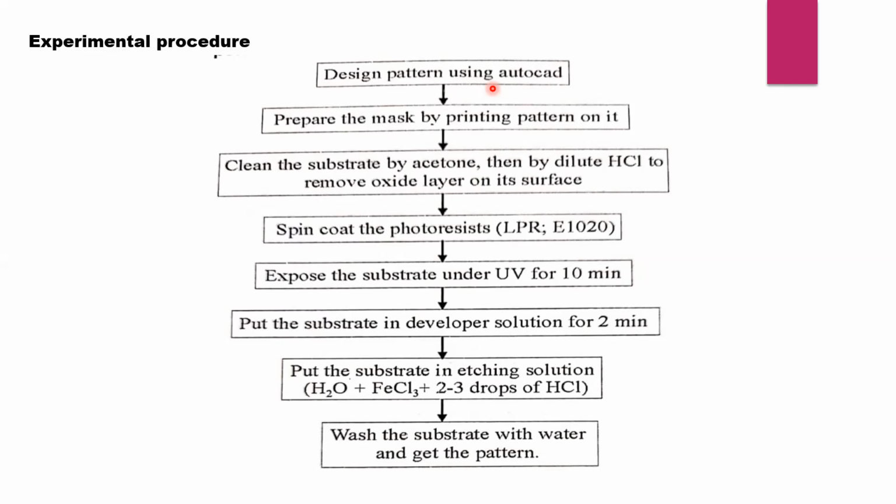So whatever pattern we want to give for our silicon, which is going to become one layer on the integrated circuit, accordingly we can design that pattern using AutoCAD. So this is the first step. Coming to the second step, prepare the mask by printing the pattern on it. This is the second step.